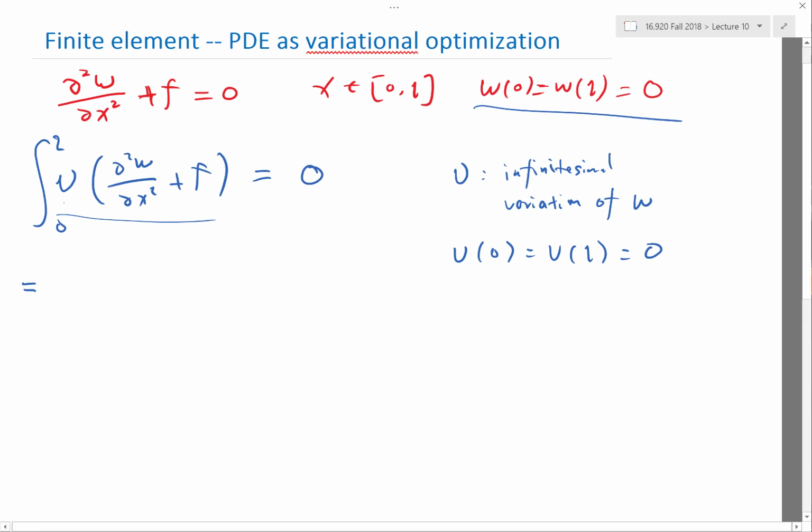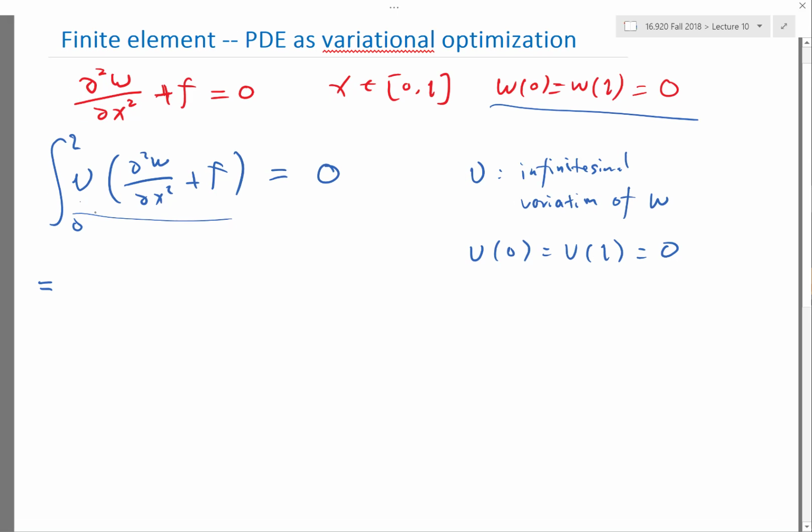So really for this equation, the only step of manipulation is integration by parts, right? So basically integration by parts of the first term. Integration by parts is really removing, if I have the product of a function and the derivative of another function, integration by parts effectively pulls the derivative and puts it on the other function.